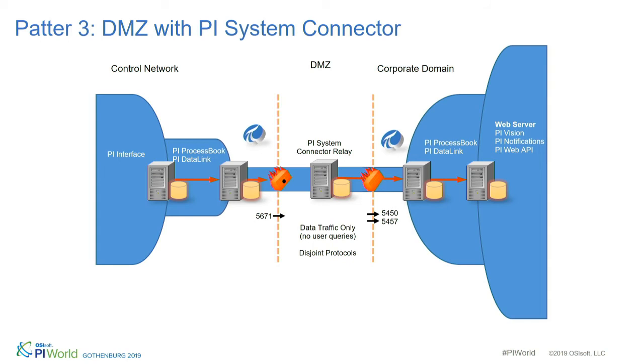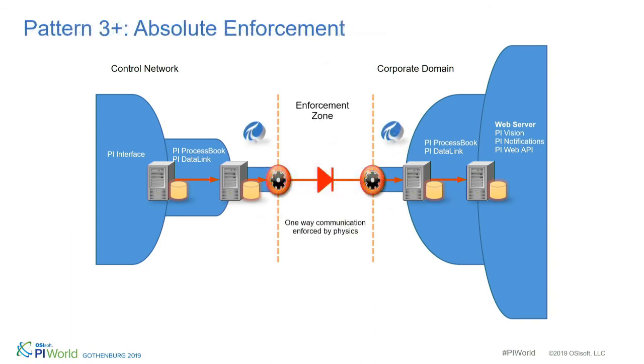So we are using different data traffic, and the protocols are disjoint in this kind of architecture. Between this firewall, we are going through port 5671, and then we are sending this data through the standard ports 5450 and 5457. If we want to make our system as secure as possible, this is one of the recommended solutions.